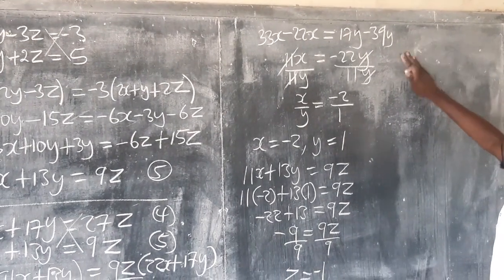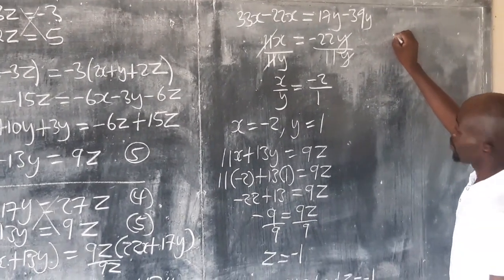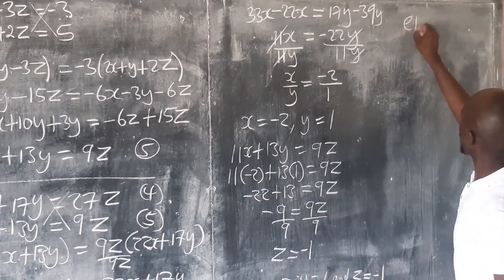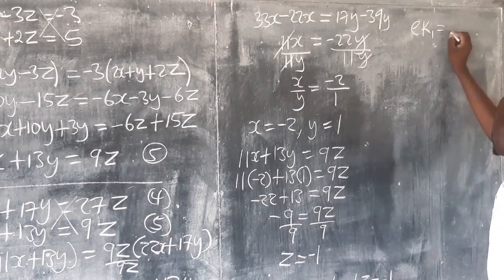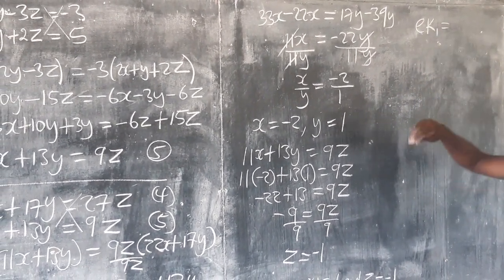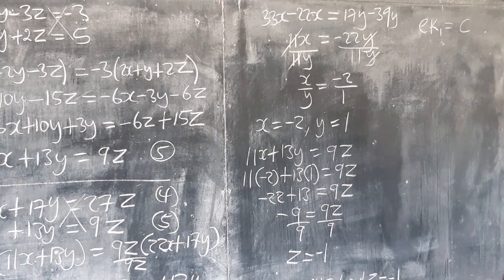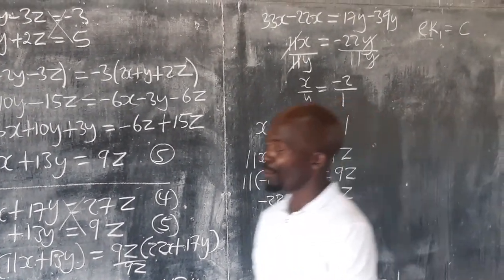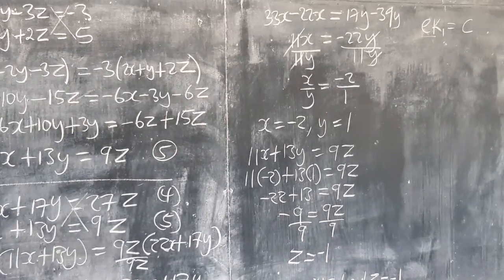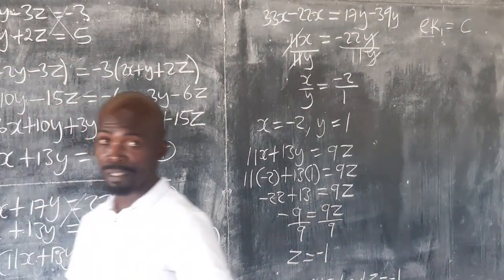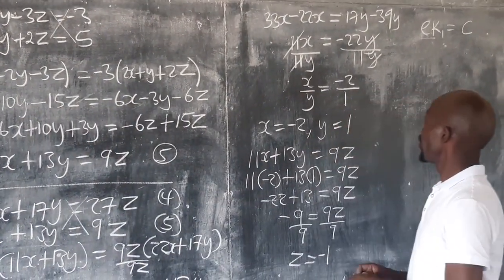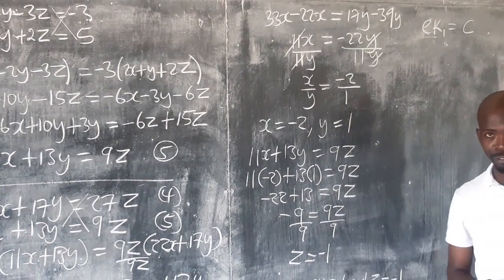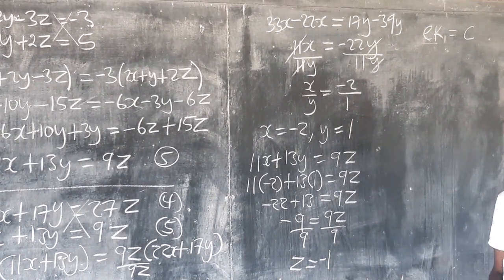In this case, let me use the first one, the first equation, where e stands for the left hand side of the equation, and k stands for a scalar quantity, which is very important.